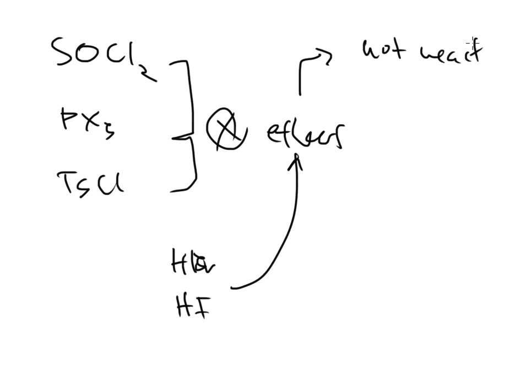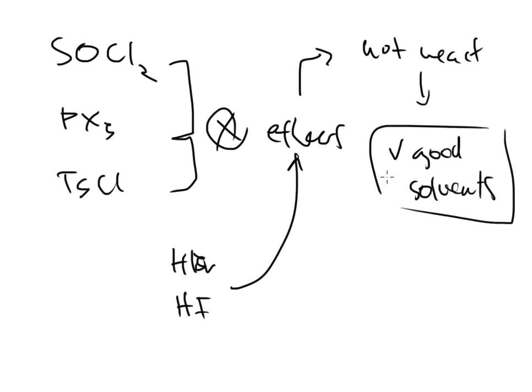Now, because they don't react very often with pretty much anything, that also makes them extremely good solvents. It's not uncommon if you are in a laboratory and you're doing a reaction and an ether has been chosen to be a solvent. And this is why.